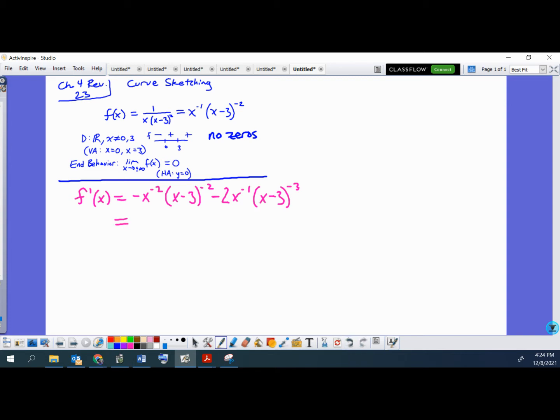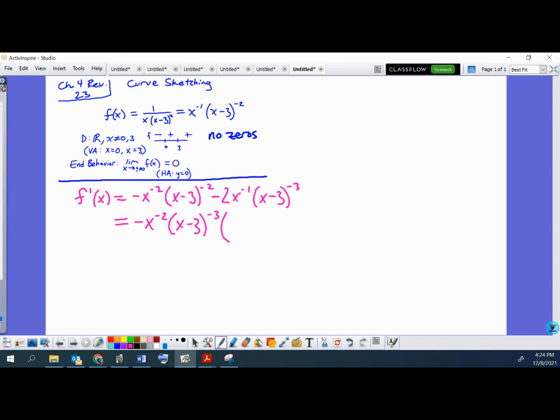And I'm going to go ahead and factor out an x minus 3 to the negative 3 because that's the lesser of these two powers. And I'm going to factor out an x to the negative 2 because that's the lesser of these two powers. And while I'm at it, I'll make it negative since both terms are negative. So negative x to the negative 2, x minus 3 to the negative 3.